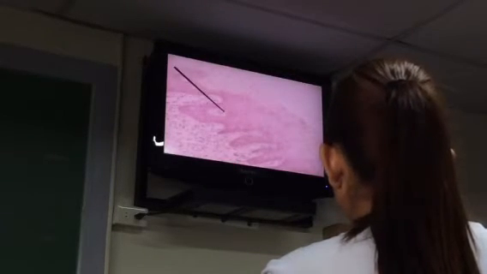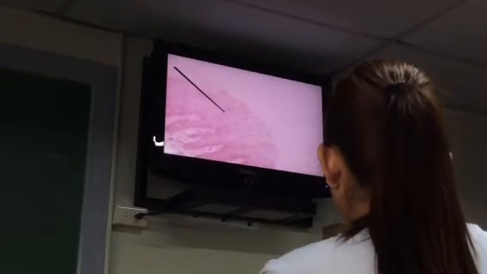Recognize this lining when it is about to go out of the body. Still can't recognize it? Stratified squamous non-keratinized epithelium.